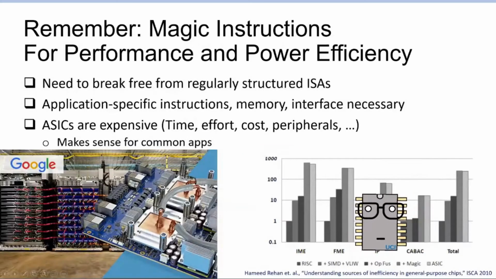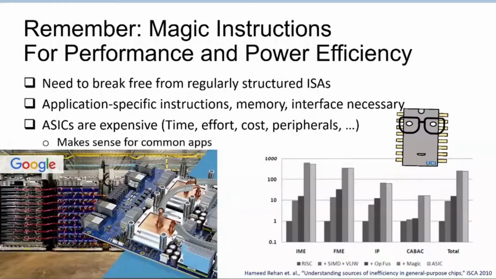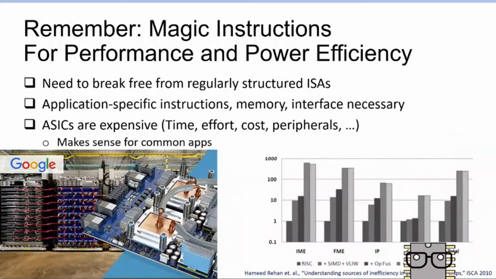If you remember the presentation on accelerators and where we can actually get the high performance of accelerators, there were multiple steps that the paper we saw was taking, starting from a general purpose processor, the leftmost bar here, all the way to an application-specific integrated circuit, a chip that is tailor-built, a bespoke design for this one particular application.